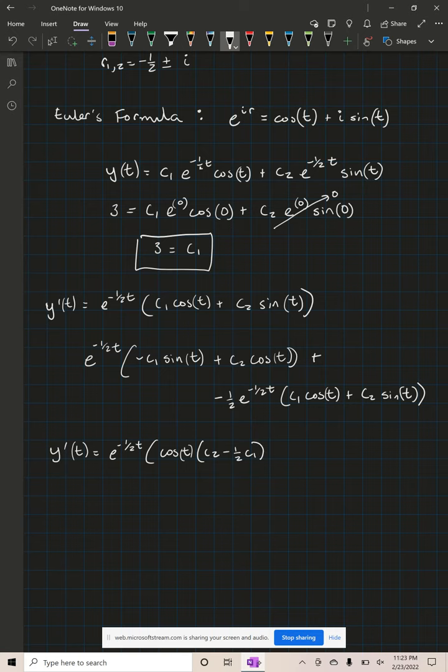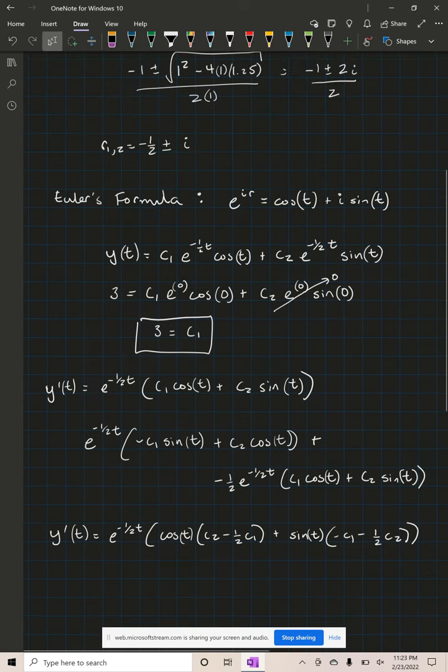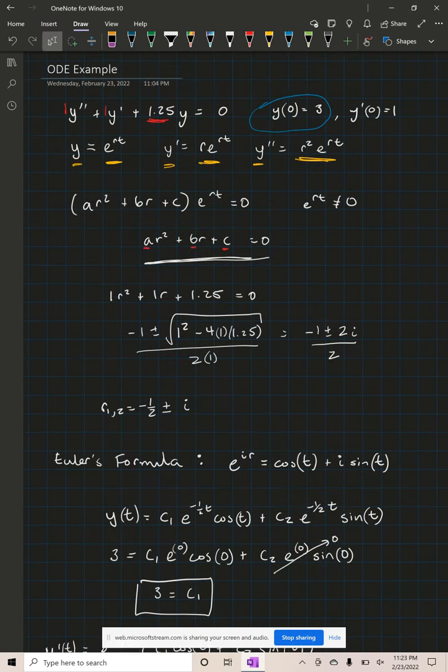So there's that, plus sine of t times negative c1 minus 1/2 c2.